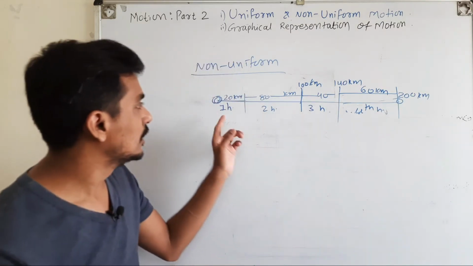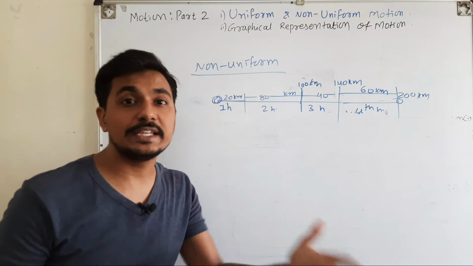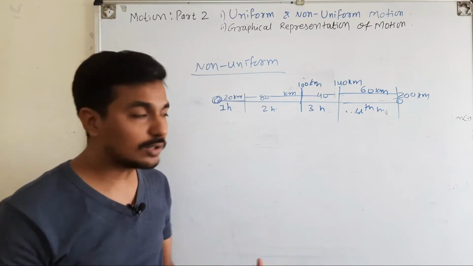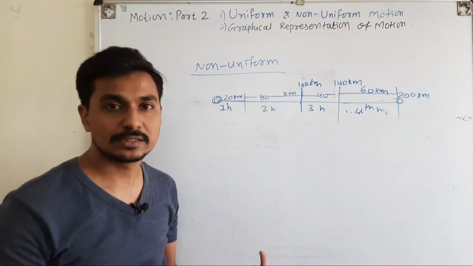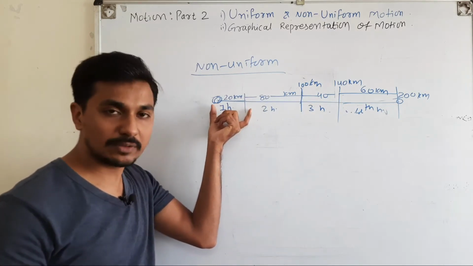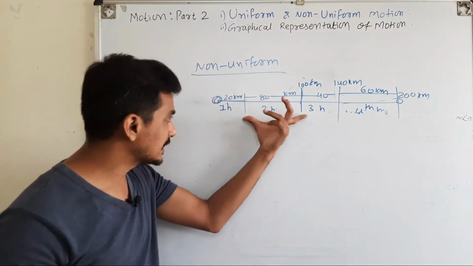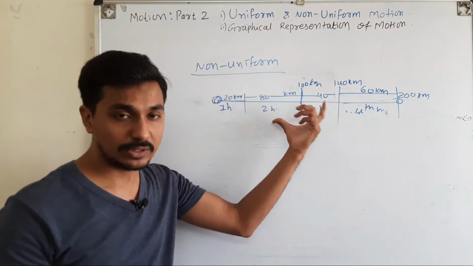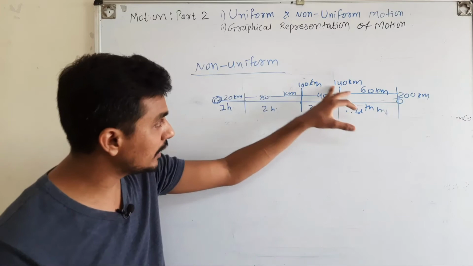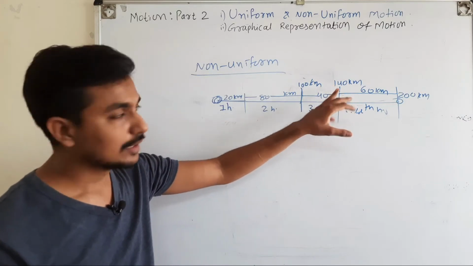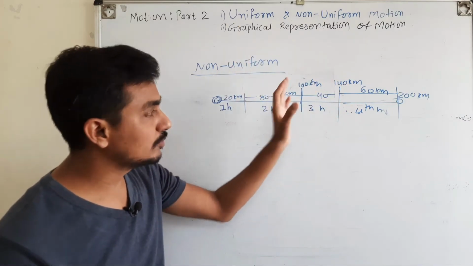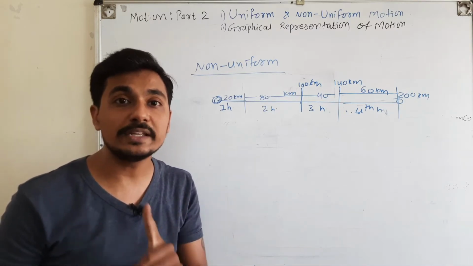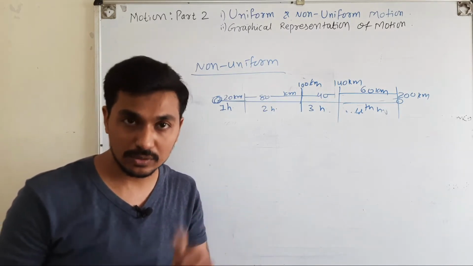So here what is happening, your speed is changing, or your velocity is changing. You are not covering equal distances. In the first interval you are covering only 20 kilometer. In the second interval you are covering 80 kilometer. In the third interval you are covering only 40 kilometer. So this type of motion is called non-uniform motion because your speed is not constant.